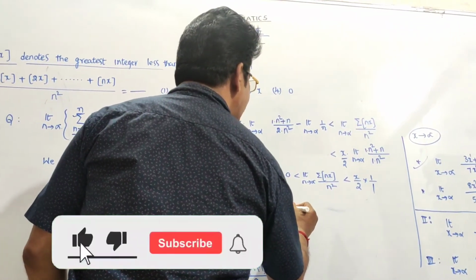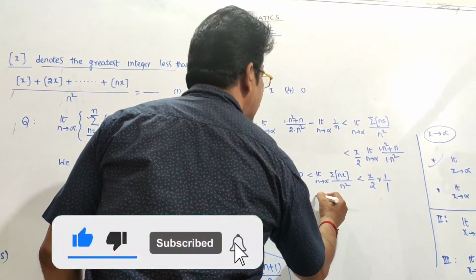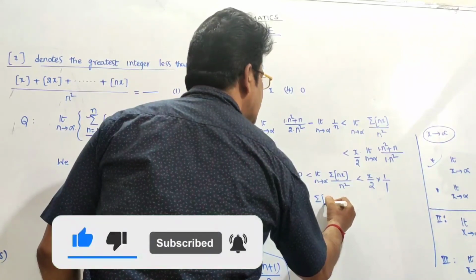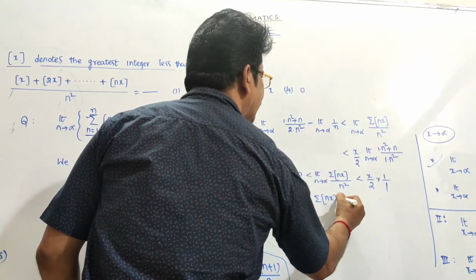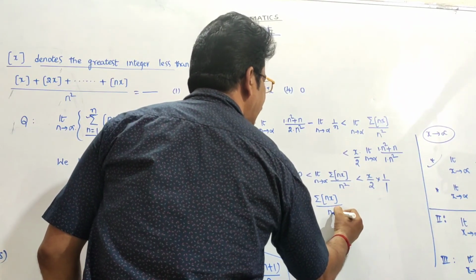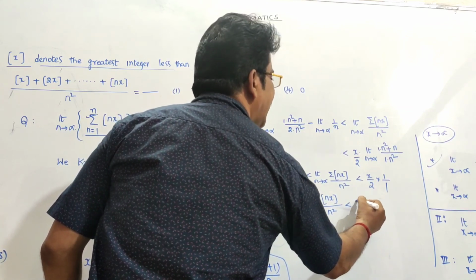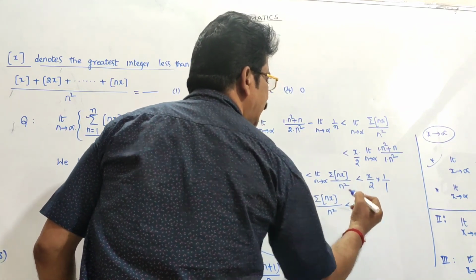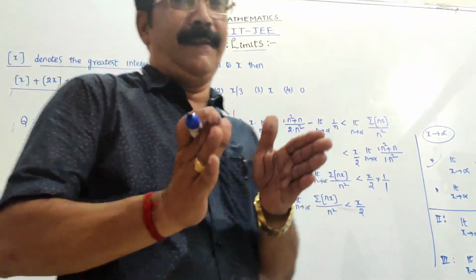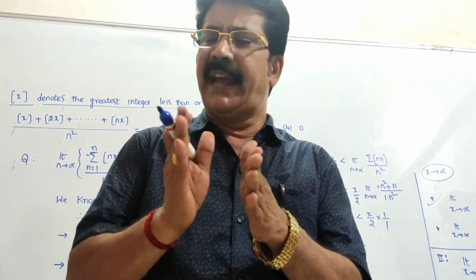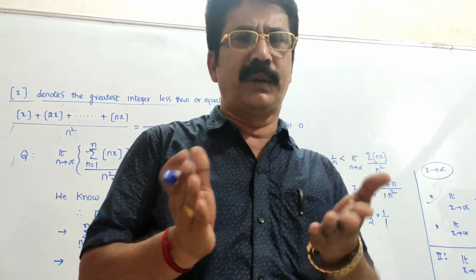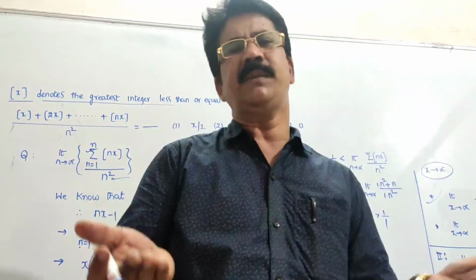Limit n tends to infinity sigma box of nx whole divided by n square is less than x by 2. So therefore, one value lies between x by 2. What does it mean? It is equal to x by 2.